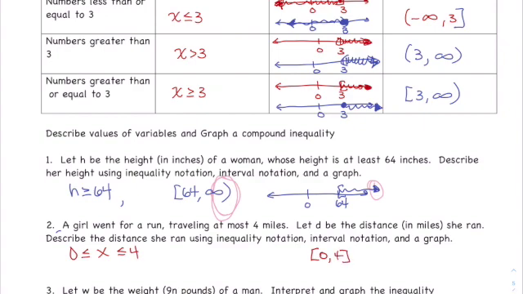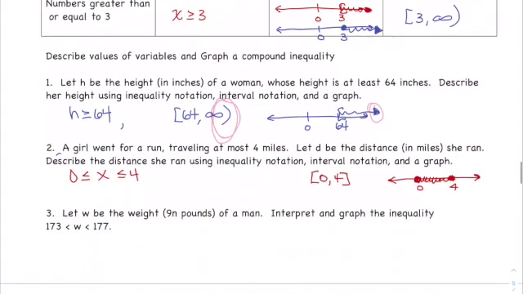Why do I use the bracket? Because we know the exact number, it starts at 0. And the graph is going to be between 0 and 4, inclusive, because you will include when she didn't run, 0. At most means you get to 4, but it cannot get more than that. Those are your 3 things.